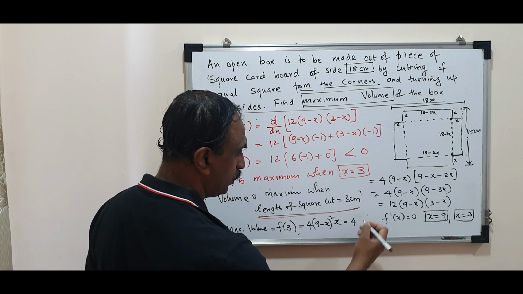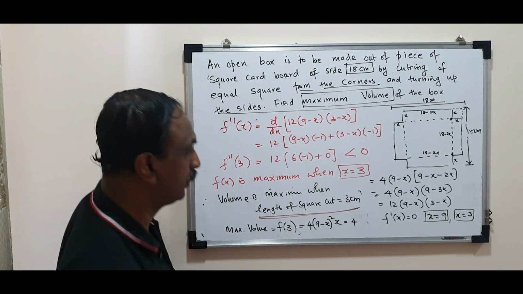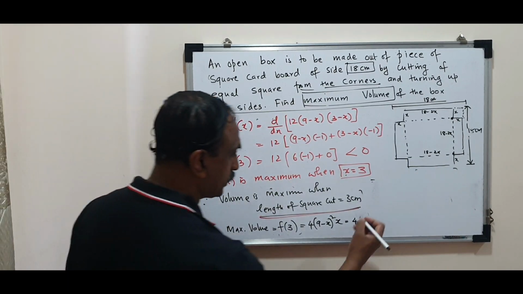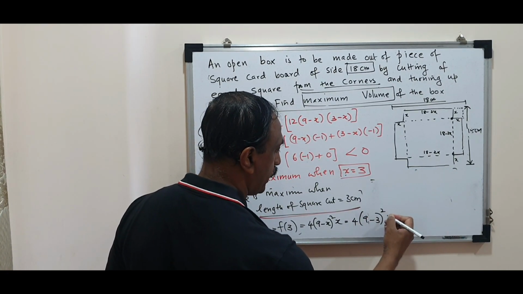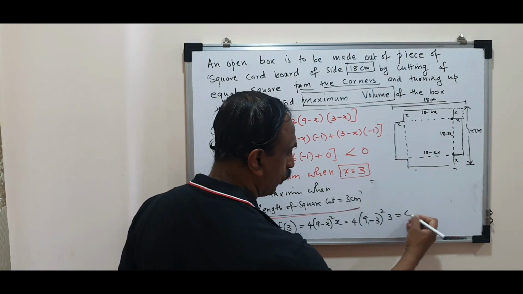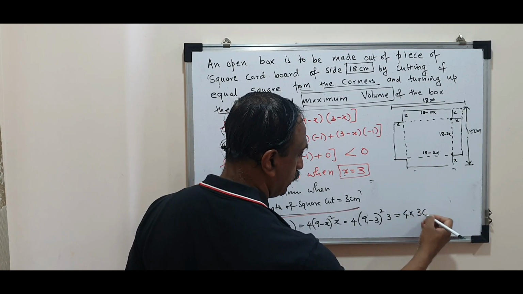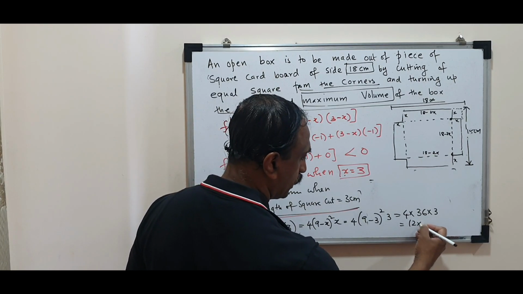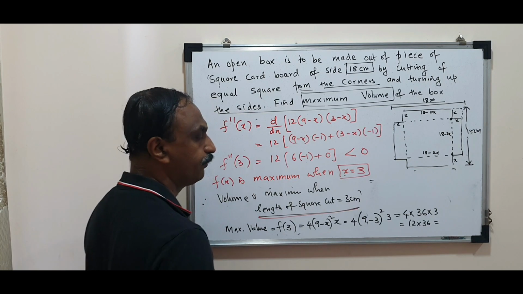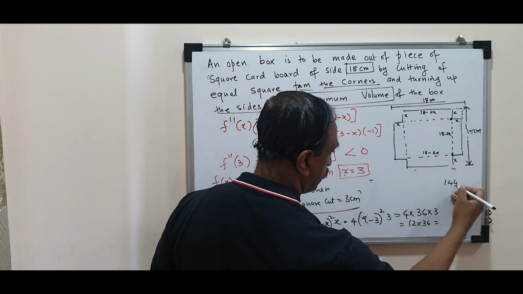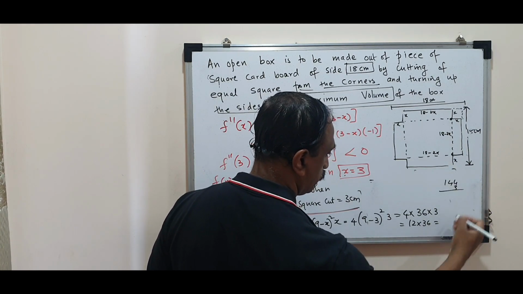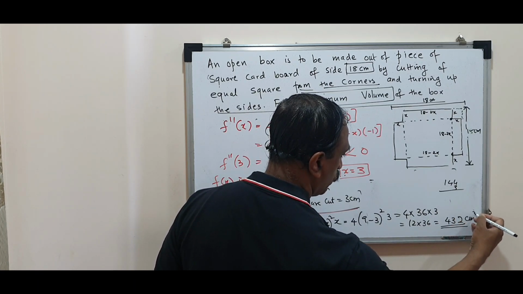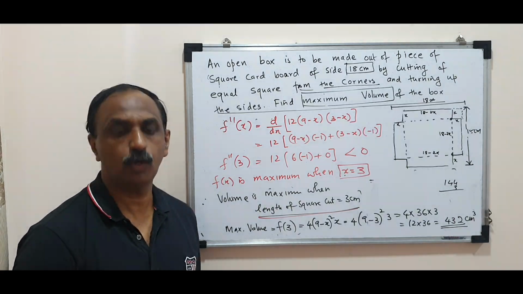So 4 into (9 minus 3) the whole square into 3. That is 4 into 6 square into 3. That will give you 12 into 36, that is 144 into 3. So 432 centimeter cube would be the volume of this box.